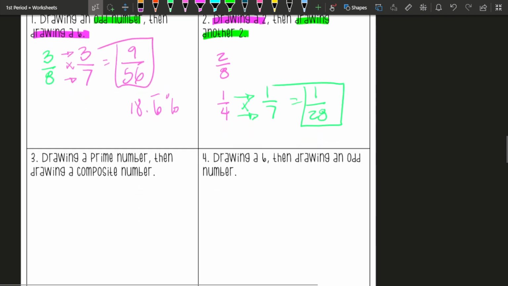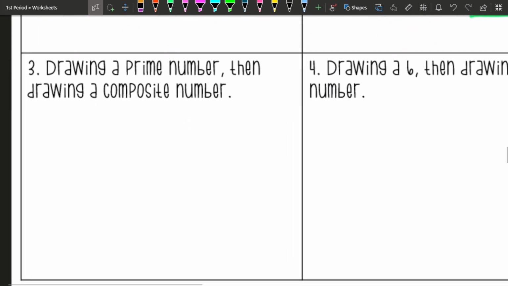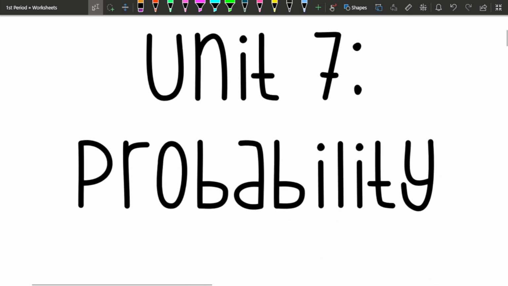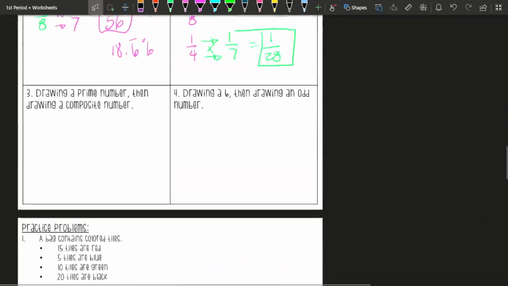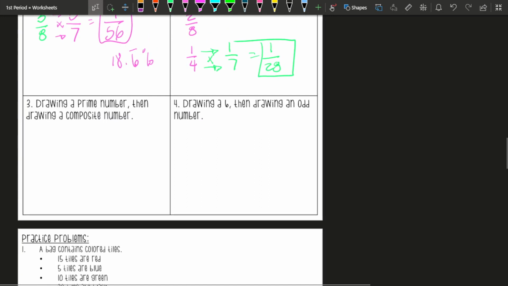Okay, so I didn't want to go over this, but a prime number is a number that can be divided evenly by itself and 1 only. For example, 1, 2, 3, 5, 7, 11, 13, 17, 19, 23.